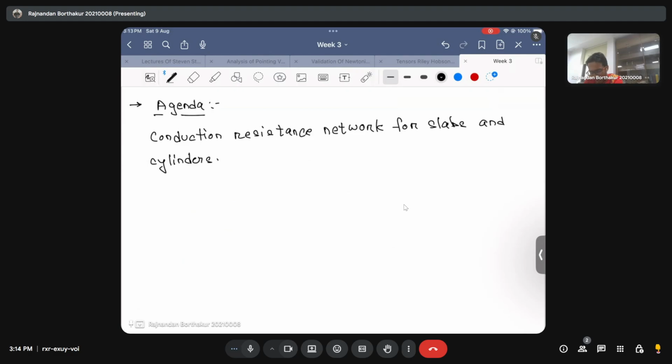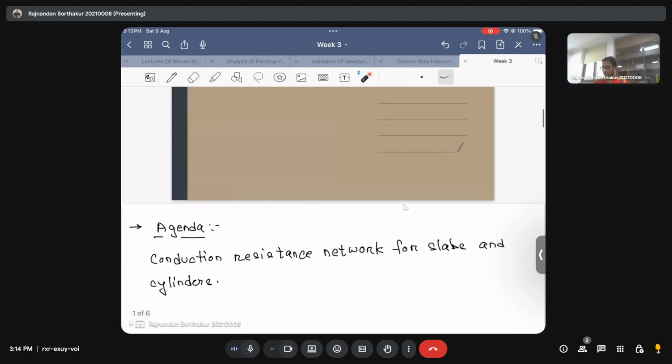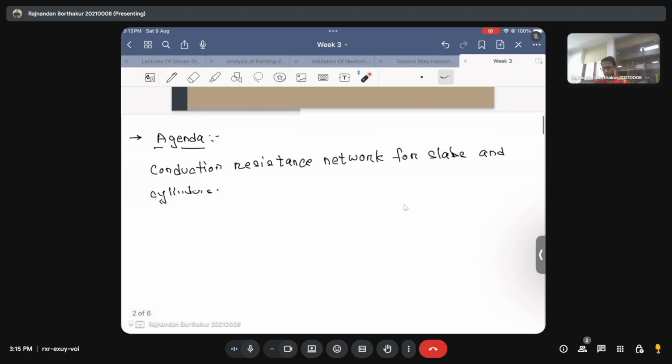What we will discuss today is something known as conduction resistance network, and we will discuss this resistance network analysis for slabs and cylinders, in other words, for Cartesian and cylindrical coordinate systems. Cartesian when we will be dealing with slabs, cylindrical coordinate systems when we will be dealing with heat transfer in hollow cylinders or in a solid cylinder or things like that. Okay, so that's the agenda for today.